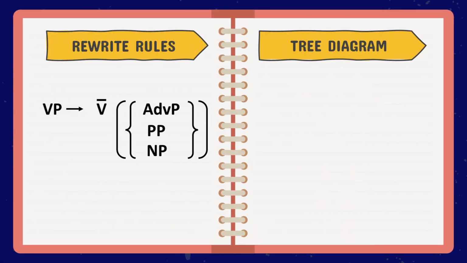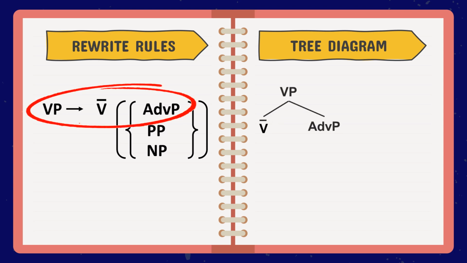These are the phrase structure rules of VP or verb phrase. A verb phrase consists of V-bar, which is obligatory, and an adverb phrase, prepositional phrase, or noun phrase, which are optional. To illustrate, we have VP, which is the parent of the V-bar and adverb phrase.